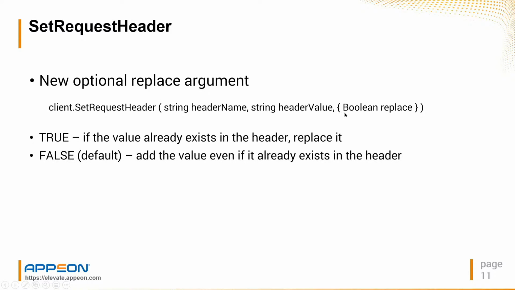So if you don't provide it, it acts like the original implementation, where if you call it 3 times, it will add the header to the request 3 times. It will appear 3 times in the request. If you say true, which is not the default, then if the value already exists in the request, it will just replace it rather than add it on again.